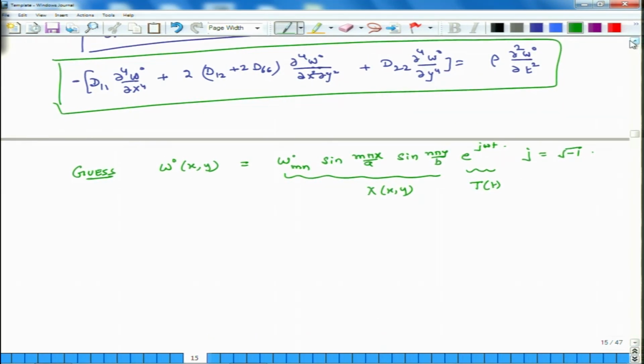So, what we get is, this sine term gets differentiated four times, so I end up with the same sine. So, I get minus d11 m pi over a to the power of 4.